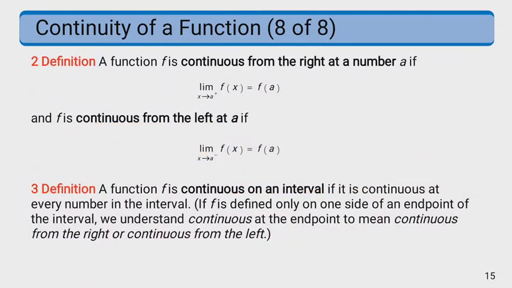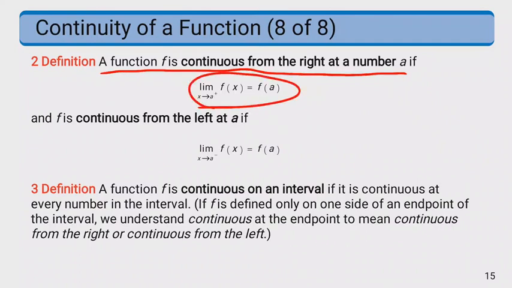So that brings us to a definition of one-sided continuity like we did with limits. For one-sided continuity, we look at one-sided limits. In this case, we are looking at the right-hand continuity. So we say a function f is continuous from the right at a point a if the limit of f of x as x approaches a from the right is the same as the value of the function at that point.